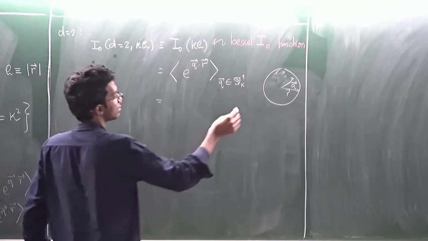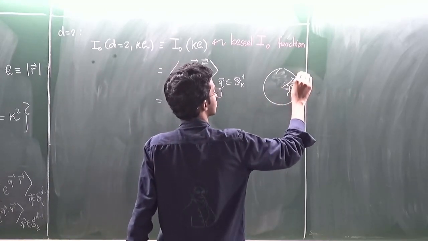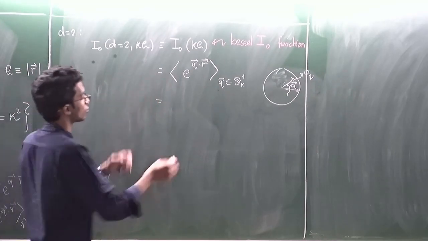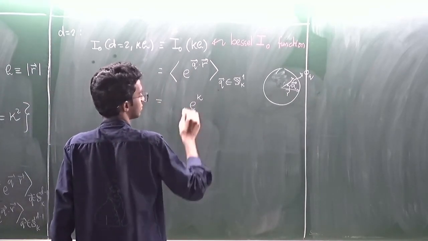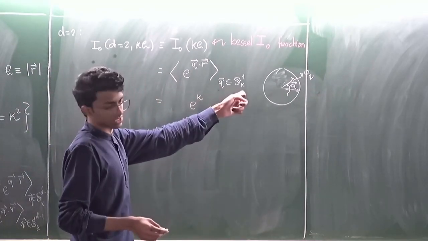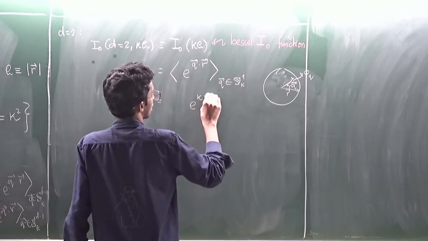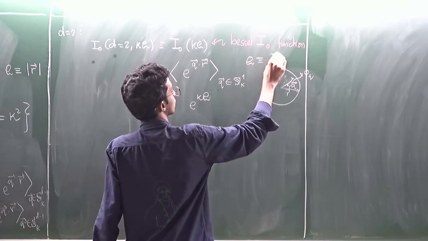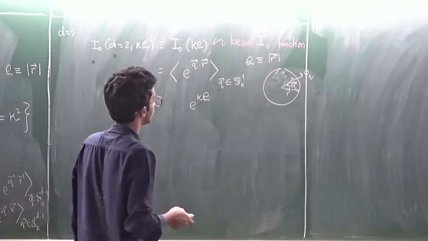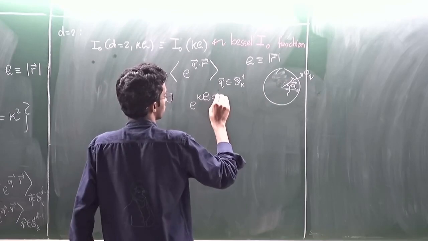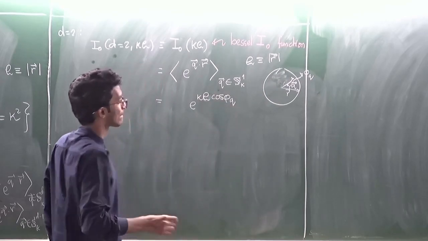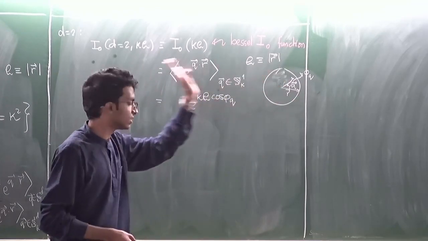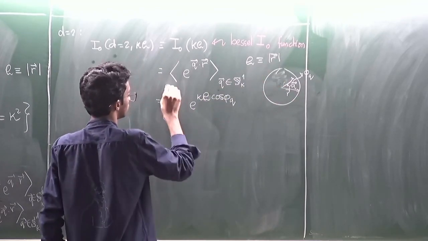And the angle between q and the x-axis I will choose to be phi q. Then e to the q dot r is just e to the kappa rho cos phi q. Remember that the modulus of q is kappa, and rho is the modulus of r. And then q has to go through this full sphere, which means I have to integrate over the full phi q.